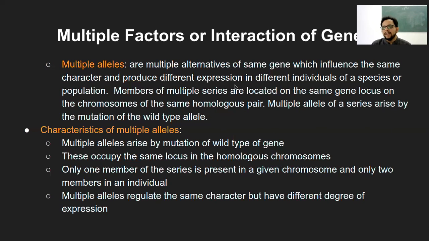Let's say, for example, there are 4 or 5 genes which are controlling the same character. Like in the case of your skin color or eye color, there are, I guess, 8 or so genes which control the skin color and the eye color separately. And based on which of these are getting expressed more, and also the quantity in which they are expressed, the phenotype observed will be different.